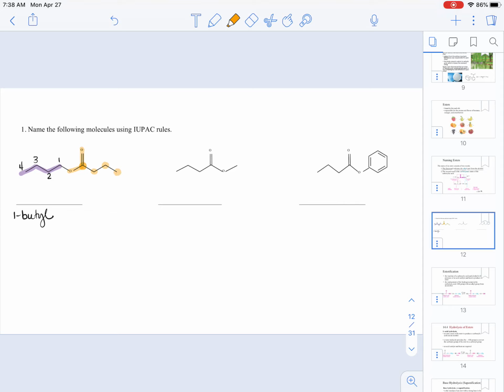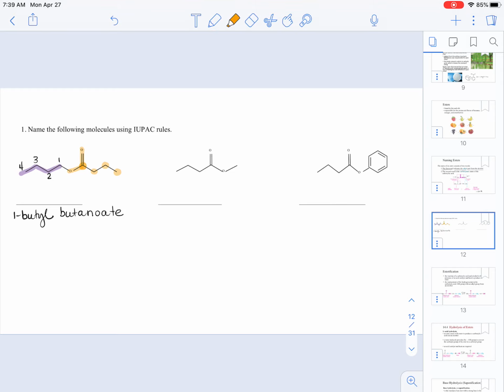We are going to use the alkane name for a 4 carbon chain, butane. We are going to erase the E, and then put the ending for an ester, which is O-A-T-E. So this is 1-butyl butanoate.